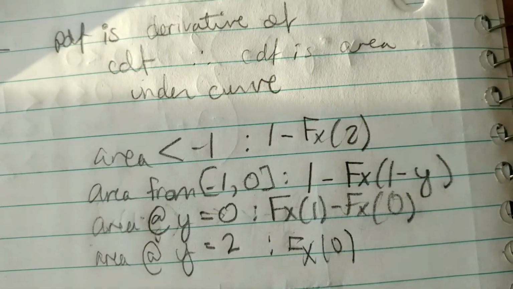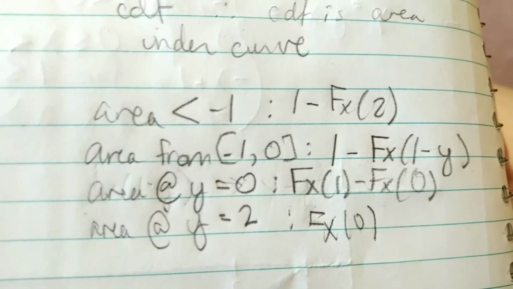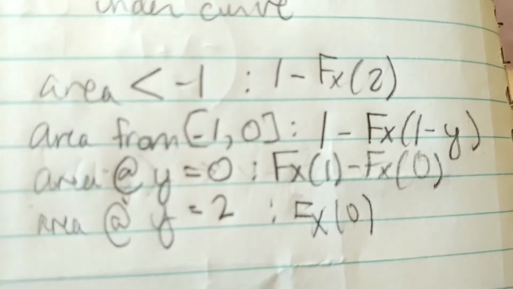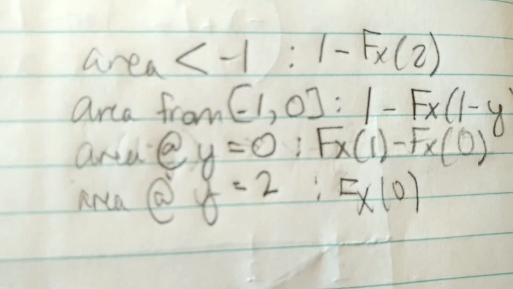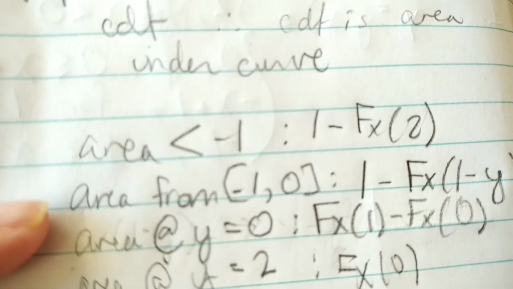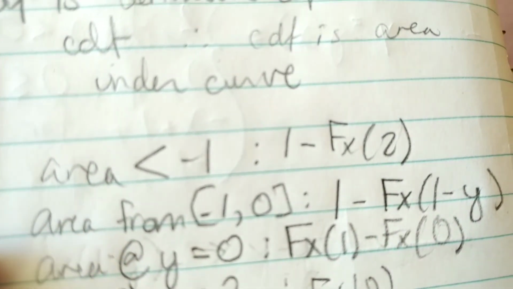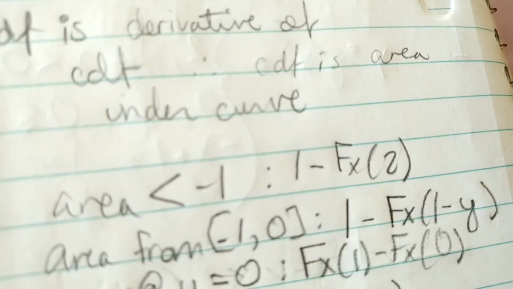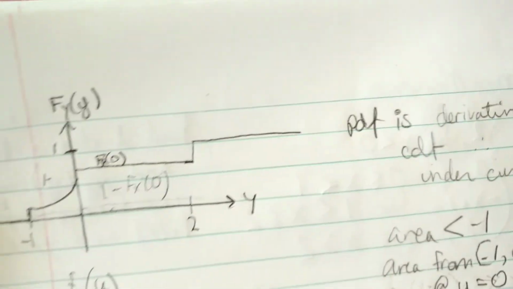The area from negative 1 to 0: the area at y equals 0 is Fx of 1 minus Fx of 0, and then the area at y equals 2 is Fx of 0. So the only curve we have is basically from negative 1 to 0, and that's essentially the distribution function of x between those 2 points, and so that's what we have drawn here.